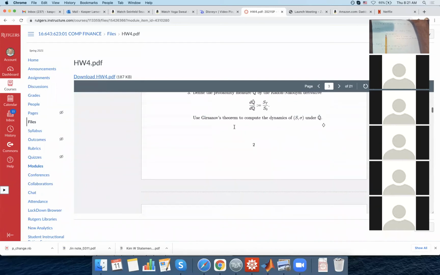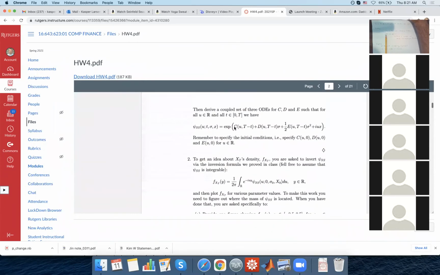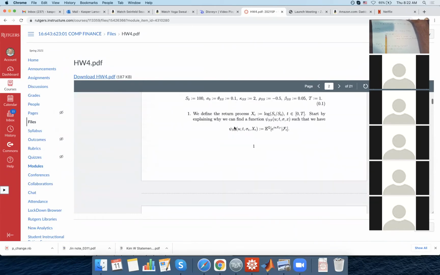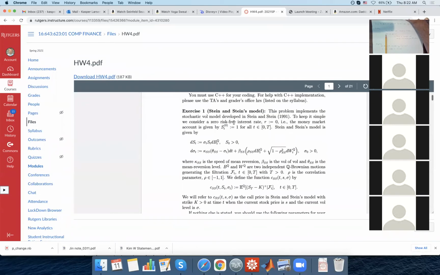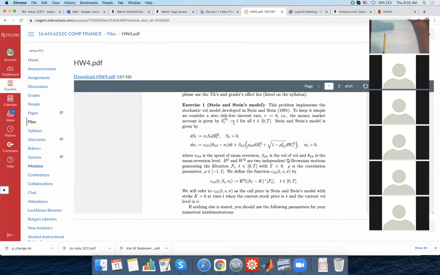Getting the first problem correct, then the last problem is going to be a small variation of the first problem. Okay, so what I'm going to start by doing is talking about these stochastic volatility models and go over some of the things that you would need to do in this homework number 4. Okay, so let's get started on that.